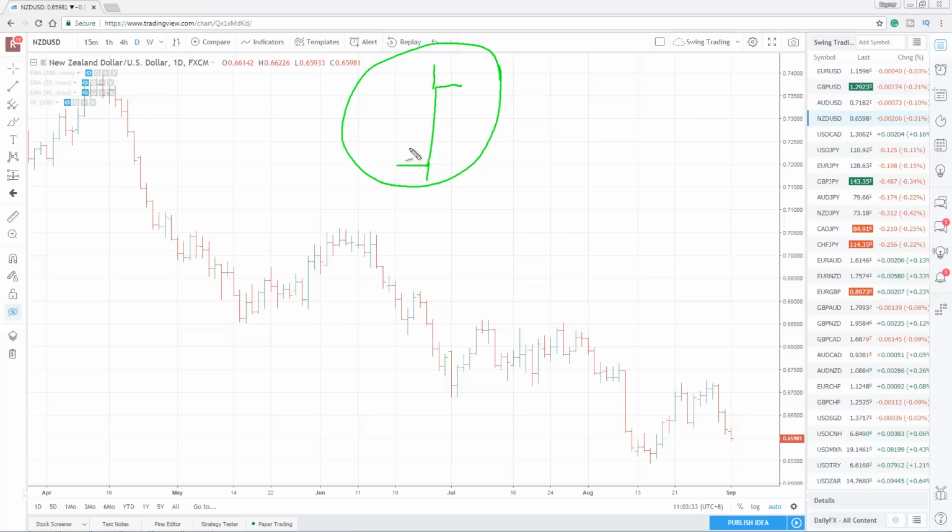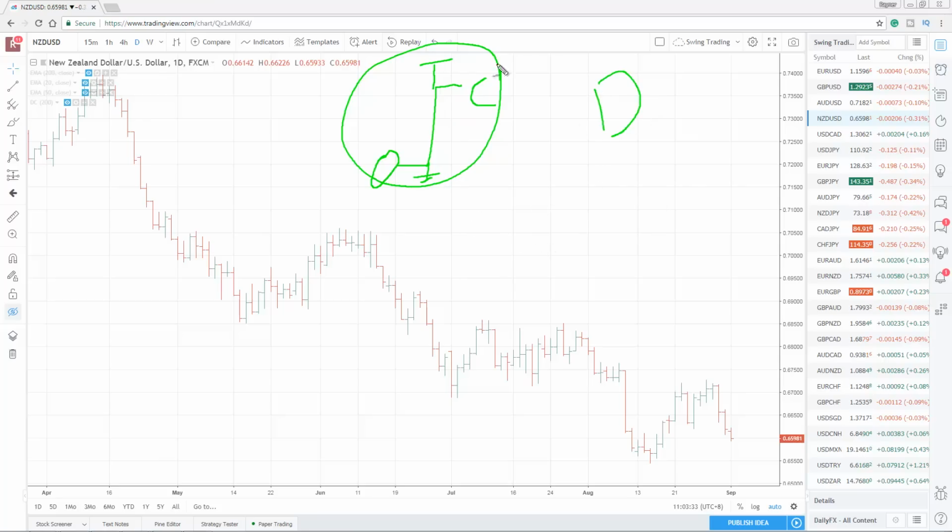This is why it's bullish: the market has closed higher for the day. This line on the left is the open, this one is the close, this is the high of the day, and this is the low of the day. If you're looking at a daily time frame, this is what it means.